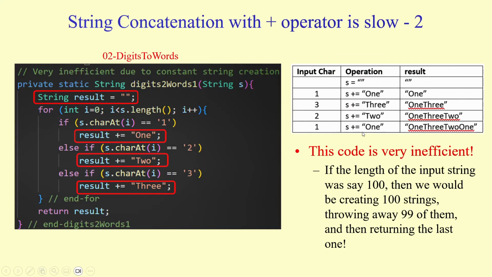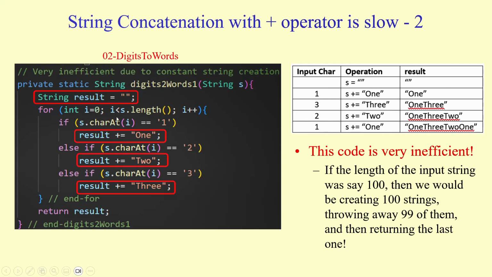Obviously, a very simple implementation would be as follows. I see a lot of students using implementations like this, and I would like to discuss why this is a very inefficient implementation. We initialize a string, result, equal to the empty string.